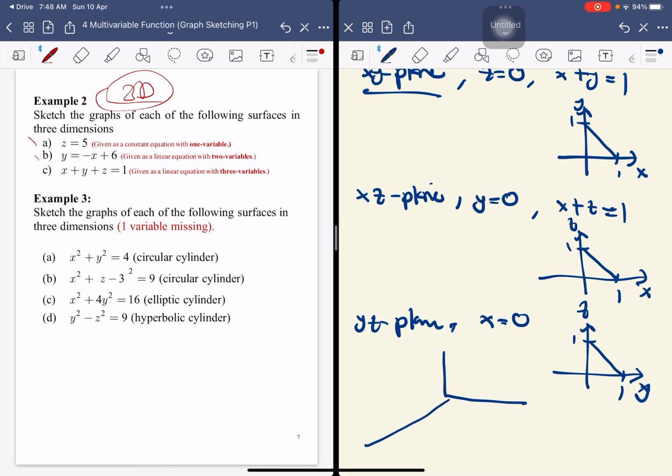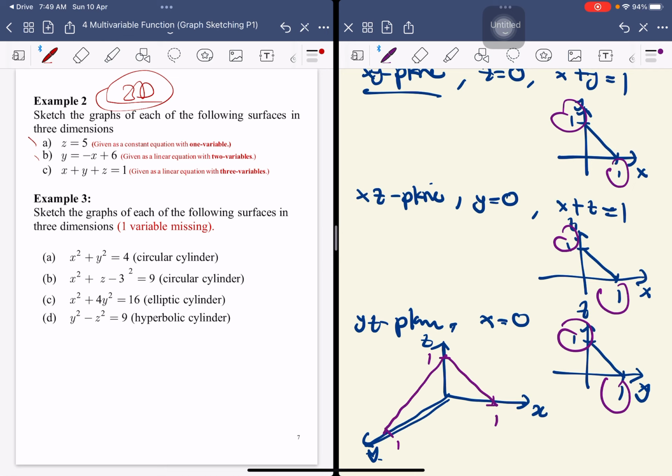If you sketch it in 3D like this, x, z, and y over here, you have 1, 1, 1 over here, because you got it from this part, right? If you combine it, you're going to have a surface like this, which we also call a tetrahedron. So that's how we sketch it.